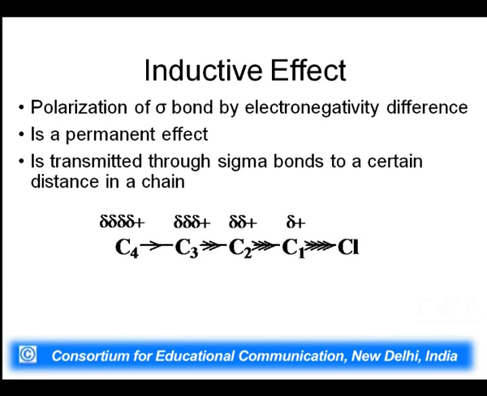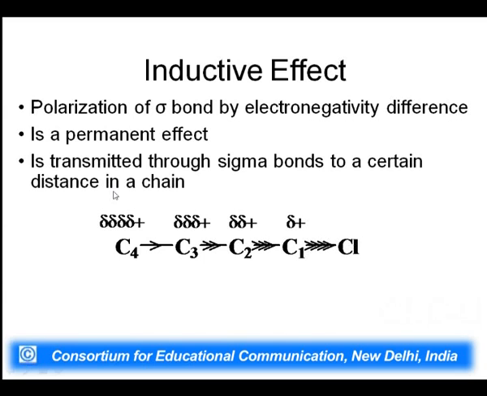So, it takes away the electrons from the C1-C2 bond and creates a double partial positive charge. This double partial positive charge on C2 is again less in amount than delta plus. I have placed 2 delta, so a slightly less positive charge. Similarly, C2 exerts pressure on C3 and takes away a few electrons' density and creates an even lesser amount of partial positive charge, and towards C4.